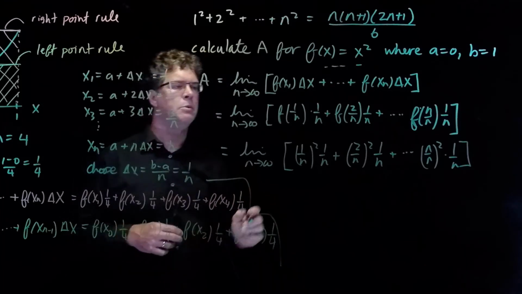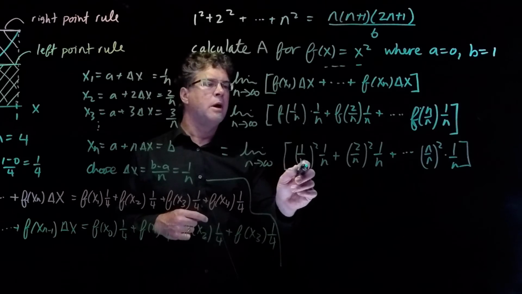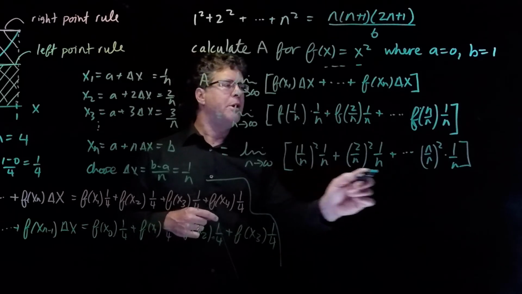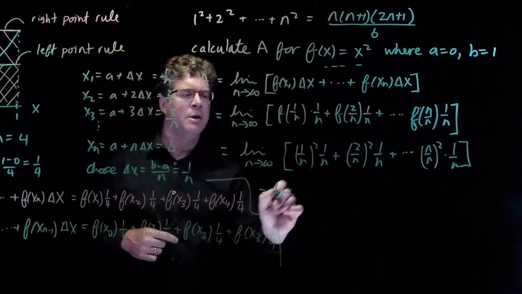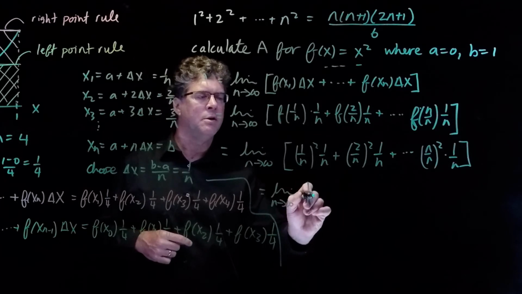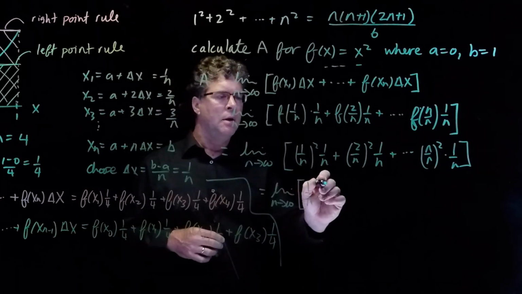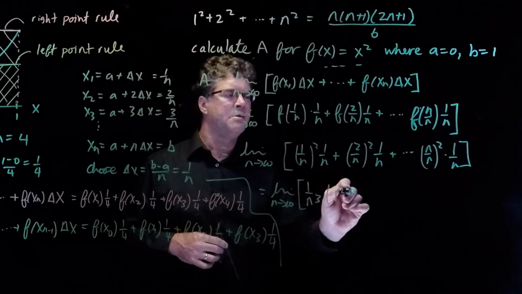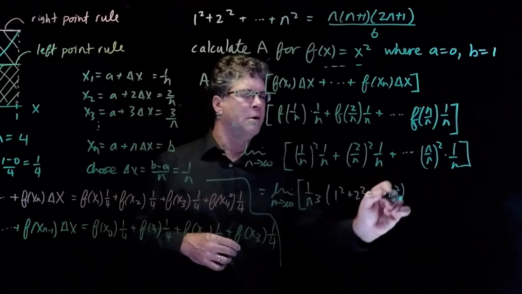Continuing with the calculation, we notice that there's an n cubed in the denominator of each of these terms, and so we can pull that out. So this is the limit as n goes to infinity of 1 over n cubed times 1 squared plus 2 squared plus all the way up to n squared.